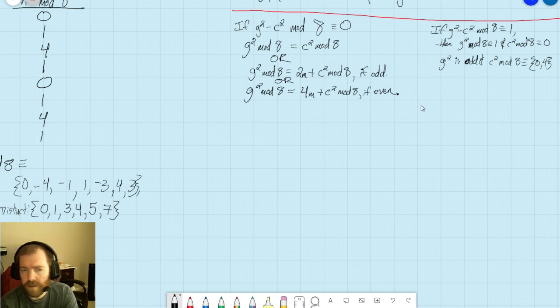Sorry, c mod 8. G is odd. There we go. So G is odd. C mod 8 is 0 or 4. Right, those are the only possibilities.